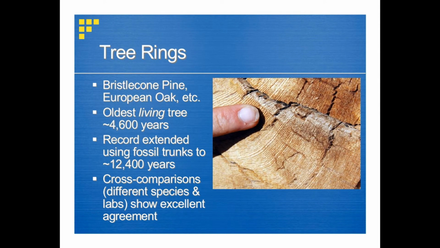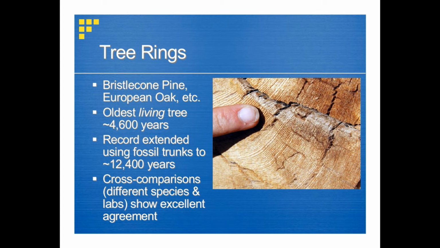So this is a picture of the tree rings. Typically, it's a bristlecone pine from California, or European oak from either Ireland or Germany that is used. The oldest living tree is about 4,600 years old, which is in the White Mountains of California.